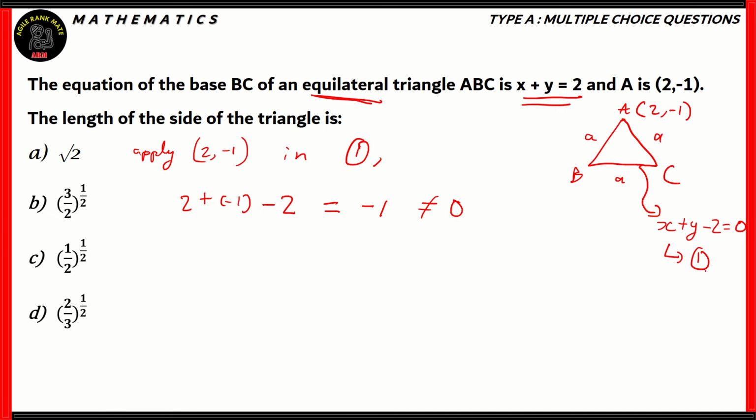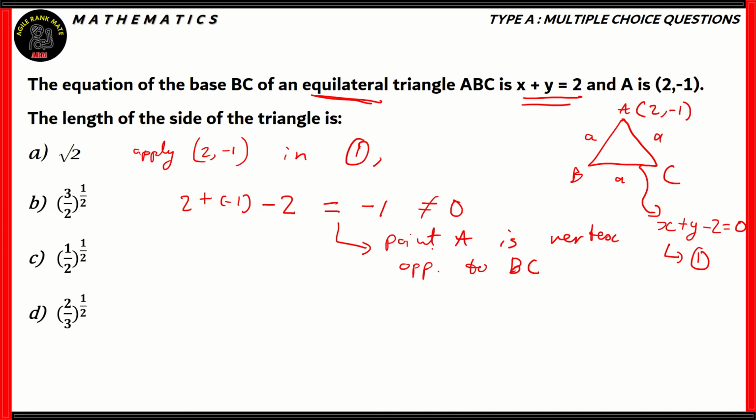Now, according to the original equation, x plus y minus 2 has to be equal to 0 for any point on the base BC. Since A doesn't satisfy that condition, we can say that point A is the vertex opposite to BC.